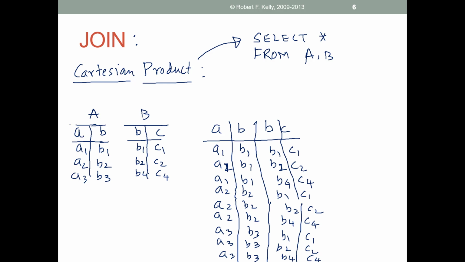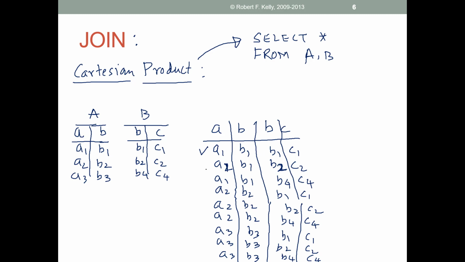So I should only be interested in returning tuples like this, where the value of the attribute b in both tables is matching.